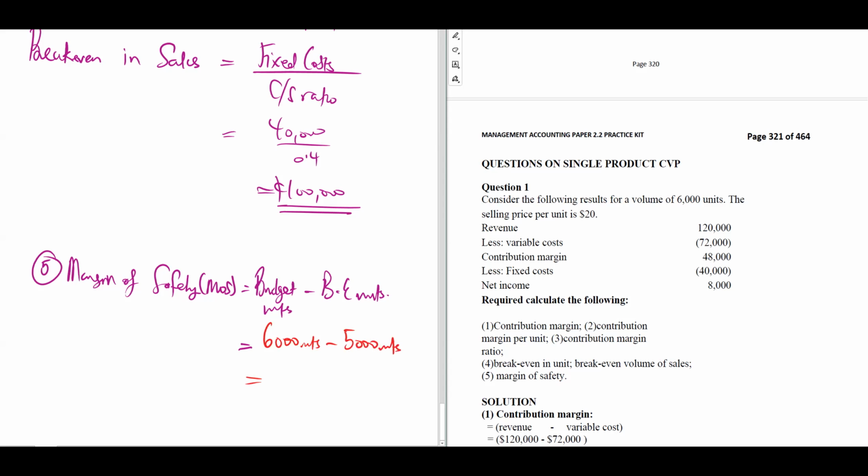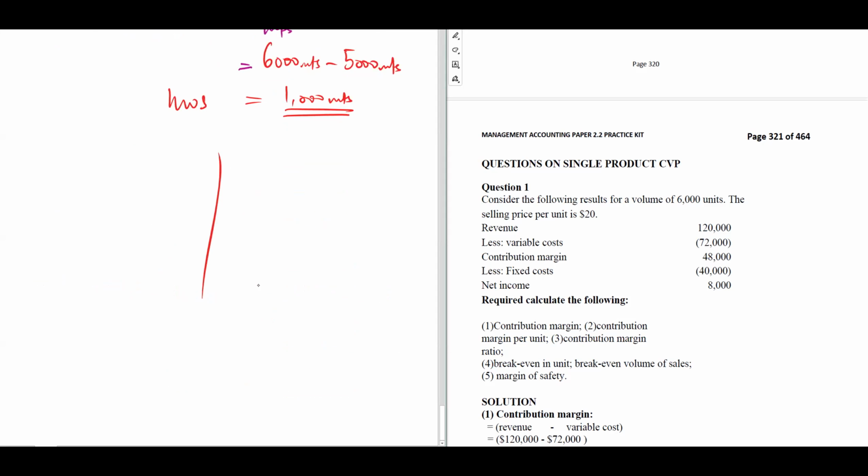So it means that the margin of safety is 1,000 units. It means that the company's units should not fall by more than 1,000, otherwise they are going to make a loss. So this is what it means.